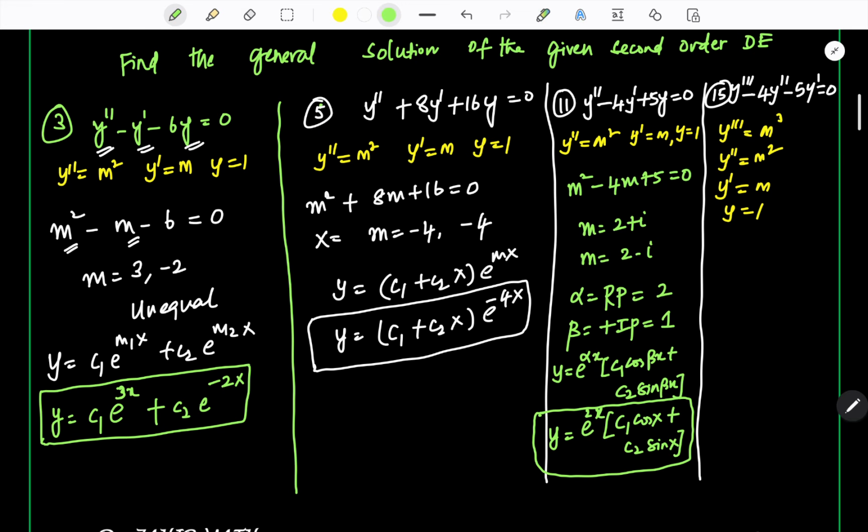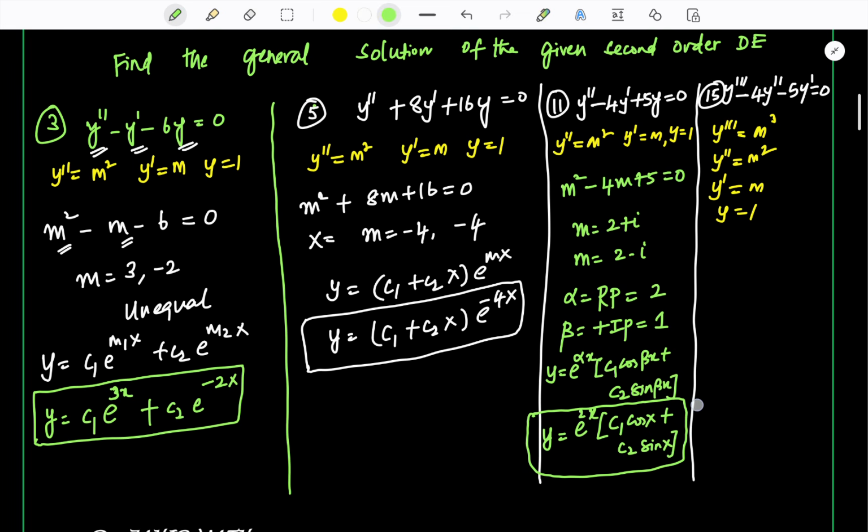Let's go to the next question. You have y triple dash, so the equation will be m cube minus 4m square minus 5m equal to 0. For this one you go to the mode because it's power 3. So equation, mode 5, and then you go to number 4.